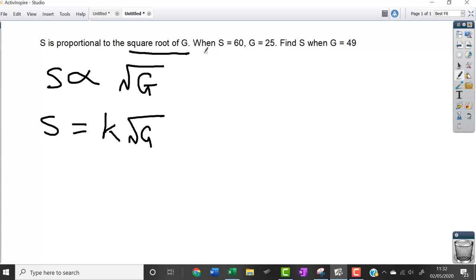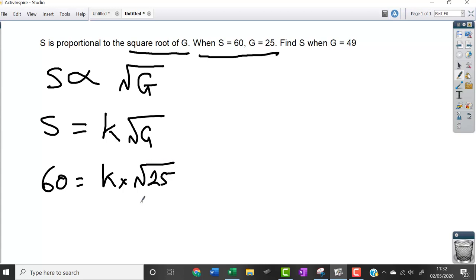I now substitute in the information that I have. When S equals 60, so 60 equals K, which I don't know, times the square root of 25. Now I know the square root of 25 is 5, so I've got 60 equals 5K. I've got to get K on its own, so I divide both sides by 5.